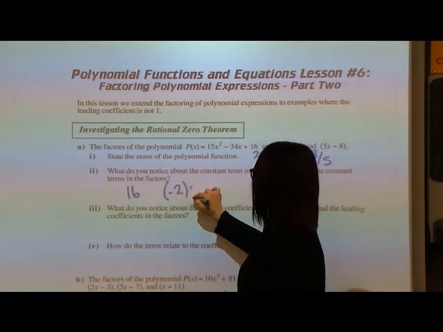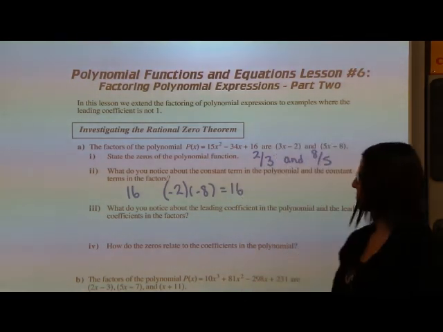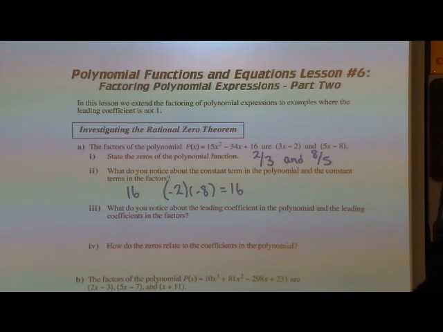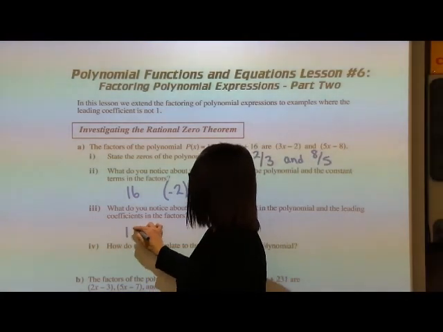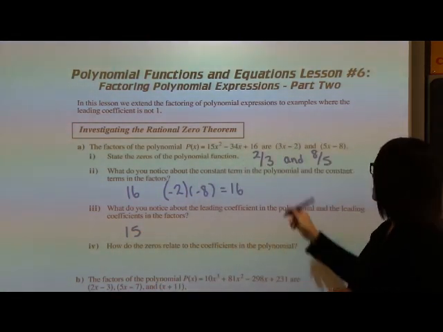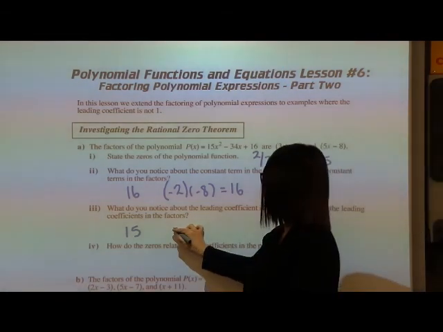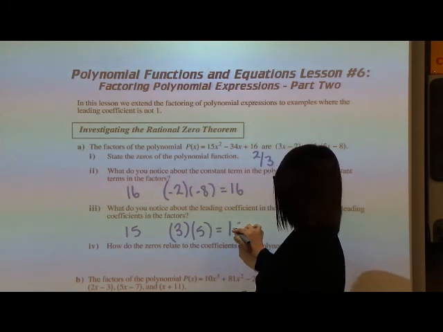So -2 times -8 equals 16. What's the leading coefficient in my polynomial? 15. And what are the leading coefficients in the two factors? 3 and 5. And what do you notice about 3 and 5? 3 times 5 is 15.